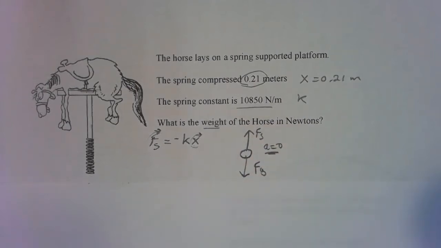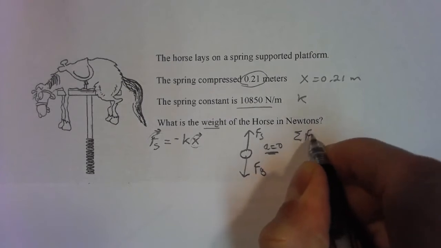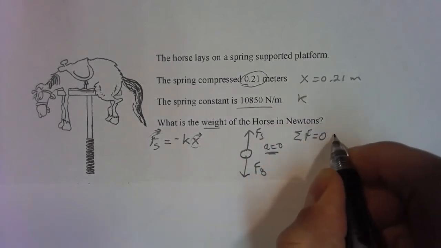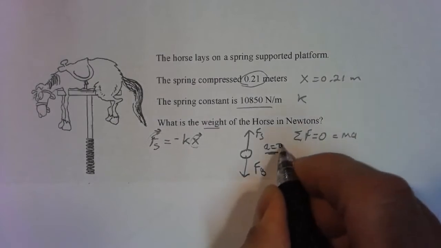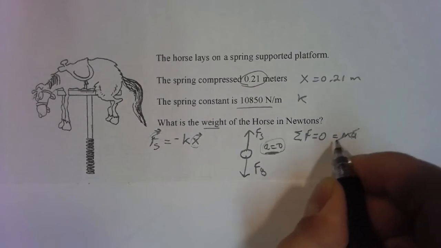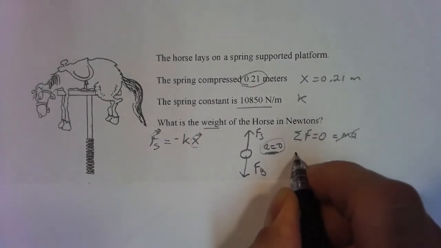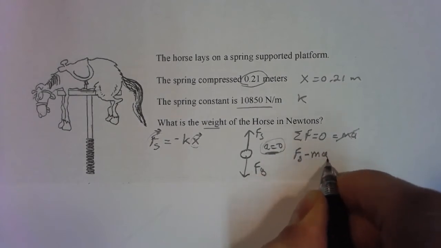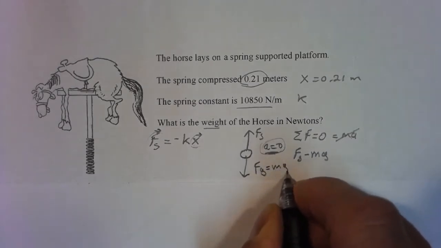So that tells us that the sum of the forces has to equal 0, since the sum of the forces typically equals ma, but we know a is 0, so therefore that's going to be 0. Now those forces, we'll do ups minus downs. That's the spring force minus gravity, which I wrote in as mg, because that's how you find gravity.